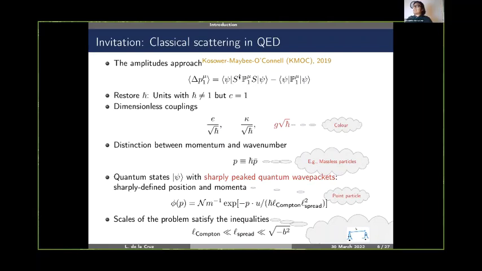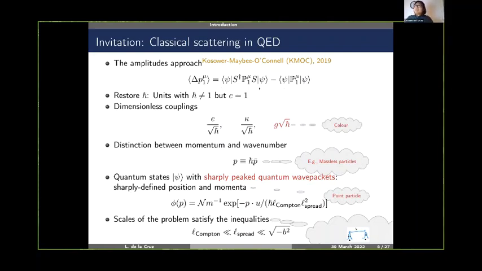In this case, the momentum is evaluated with respect to the out state, which I can then evolve to the initial state using the S matrix. So these states psi here are both initial, and I take the difference.